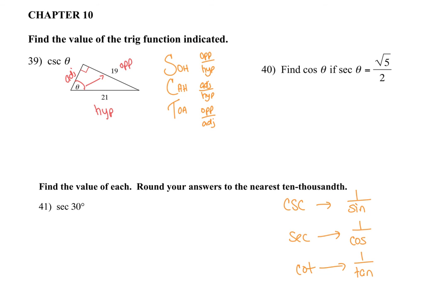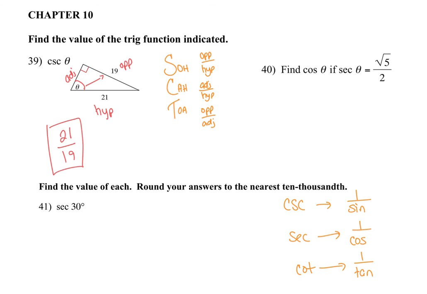They want cosecant, which is the reciprocal of sine, which means I need my opposite and my hypotenuse. They handed me this one. I don't have to use Pythagorean theorem. I have the 2 sides I need. Sine would be opposite over hypotenuse, so cosecant is going to be hypotenuse over opposite. I am done.